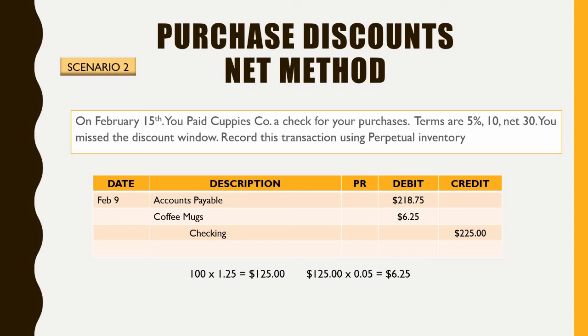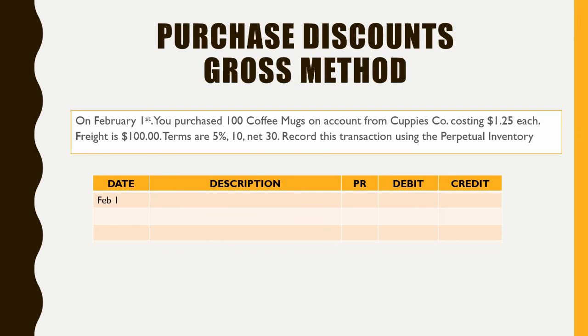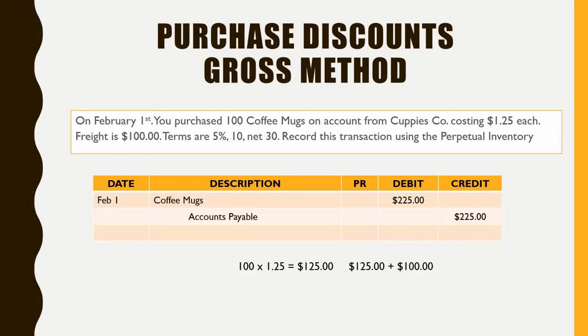Okay? All right, so that's net method. Gross method, same thing here, except we're going to journalize it at original full price, which we know to be $225.